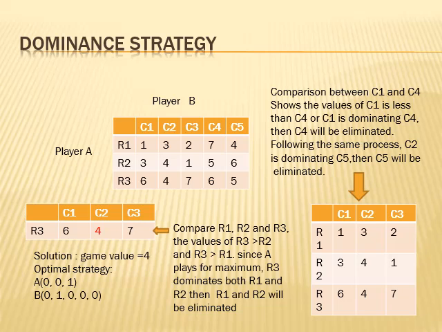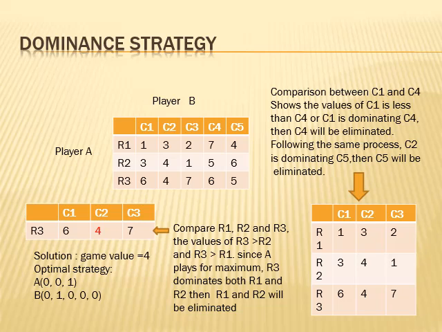C1 is less than C4 because 1 is less than 7, 3 is less than 5, and 6 equals 6.